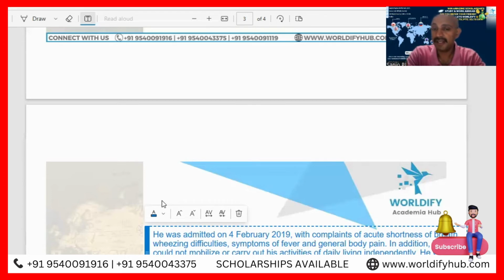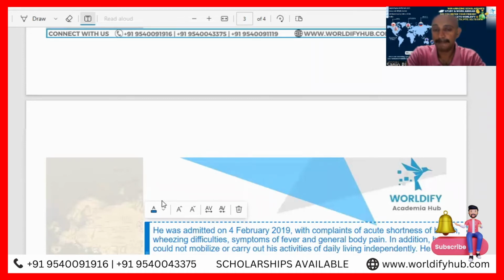Okay, he is able to independently walk short distances, right? And shower independently. He's able to independently walk short distances and carry out his activities of daily living.